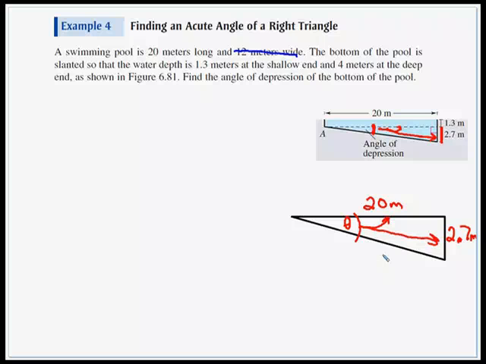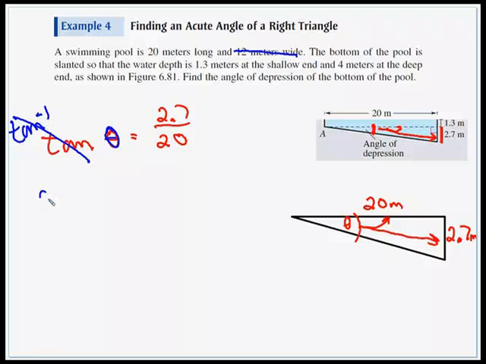That means we have to use tangent. The tangent of angle theta is equal to opposite 2.7 over adjacent 20. Remember, we want to get theta by itself. How do we get rid of tangent? We use tan inverse. Tan and tan inverse will cancel each other out.